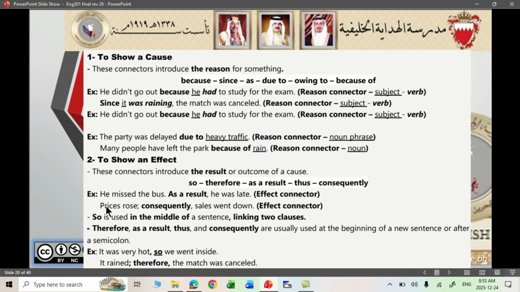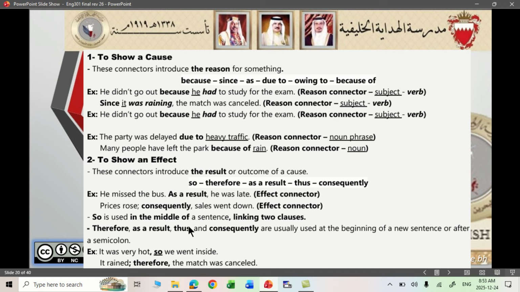Prices rose. Consequently, prices rose. Consequently, sales went down. Consequently, because of that, okay, the result of that was that the sales went down. So is used in the middle of a sentence. Although we use as a result and consequently like that, we use so in the middle to link two clauses.